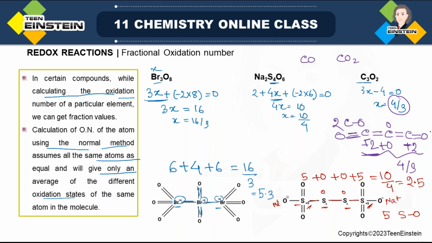And one more thing, normally we do this calculation of oxidation number based on these rules. But if you are comfortable, not for this fractional oxidation number but for any molecule, another way is, if you know the structure of the molecule properly, just draw the structure, then without calculation also you will be able to understand the oxidation number.